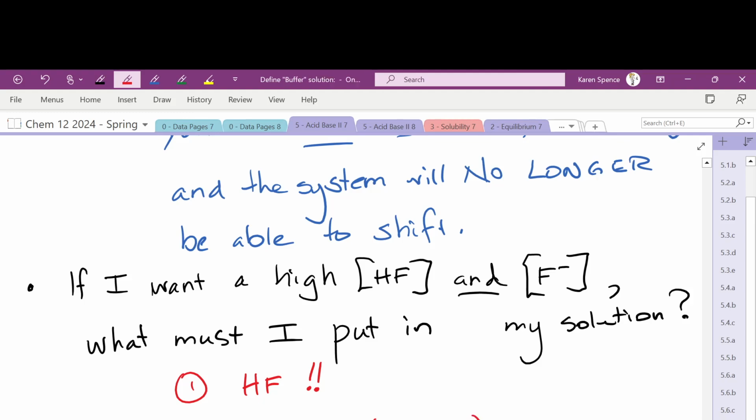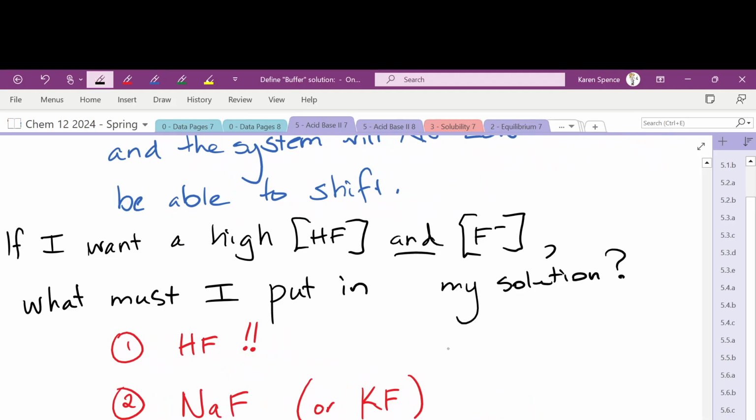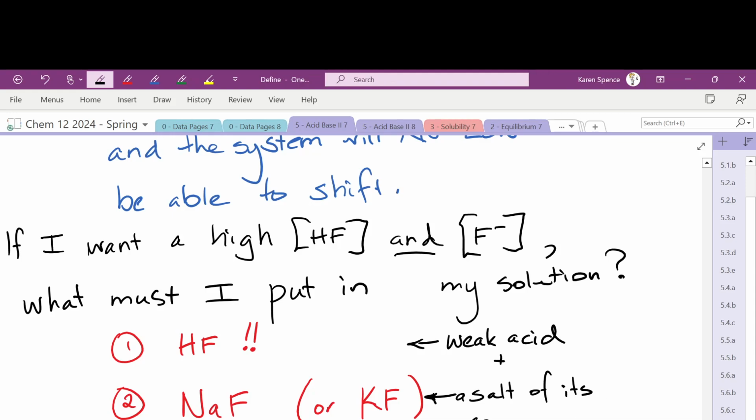So basically what we need is the weak acid plus the salt of its conjugate base.